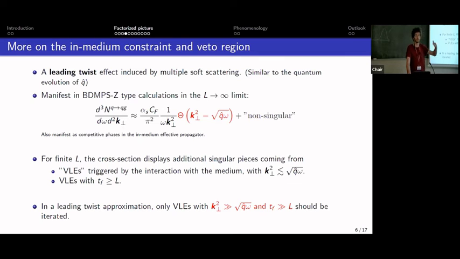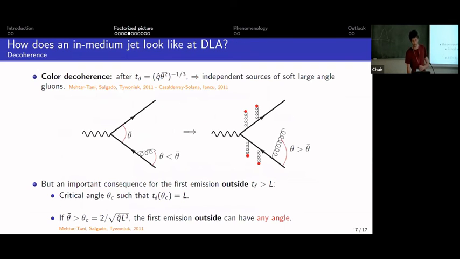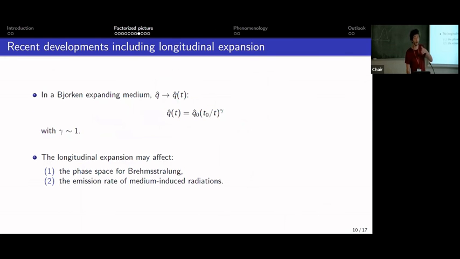Since, as I said, you have some kind of effective parameter, you can always basically change the value of q hat, because what drives the RAA, for instance, is the fact that you have a large phase space for in-medium vacuum-like emissions, which may in the end lose some energy out of the jet cone.